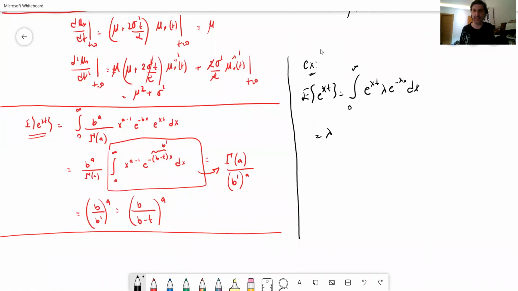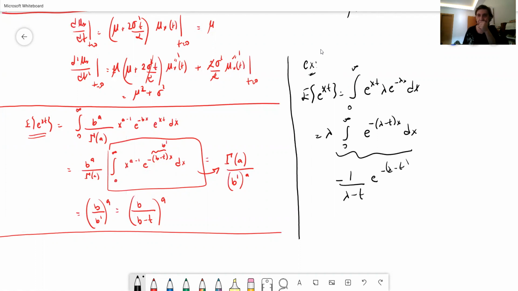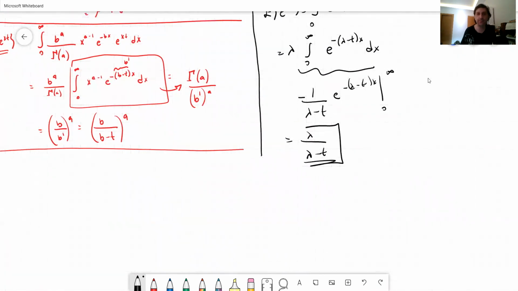So we can take the λ out: λ times the integral from 0 to infinity of e^(-(λ-t)x) dx. This part is going to be equal to -1/(λ-t) e^(-(λ-t)x) from 0 to infinity. This is going to be λ/(λ-t), the moment generating function for exponentially distributed random variables.